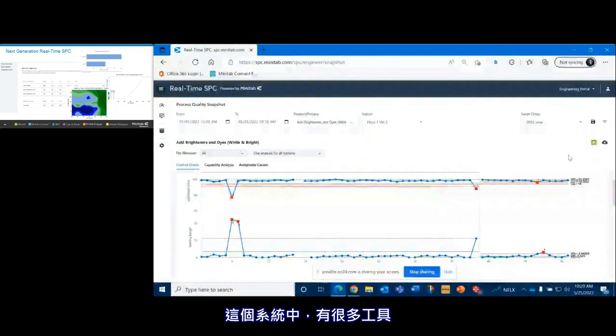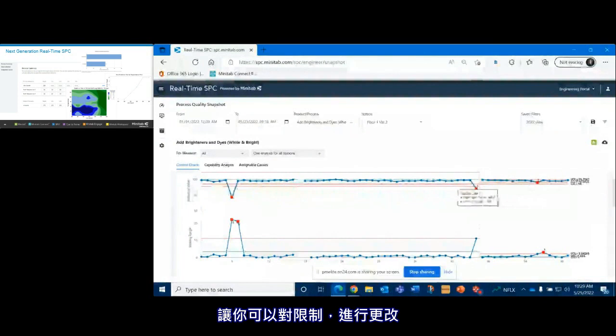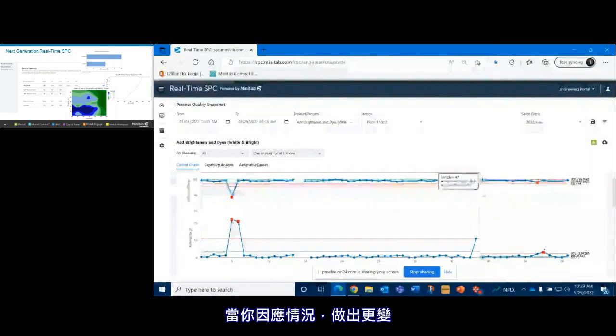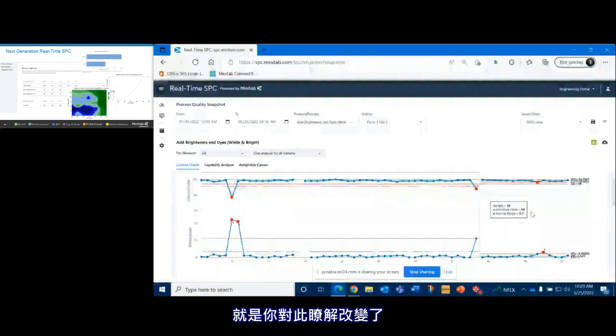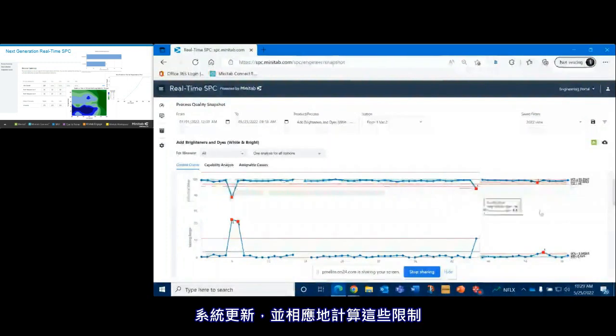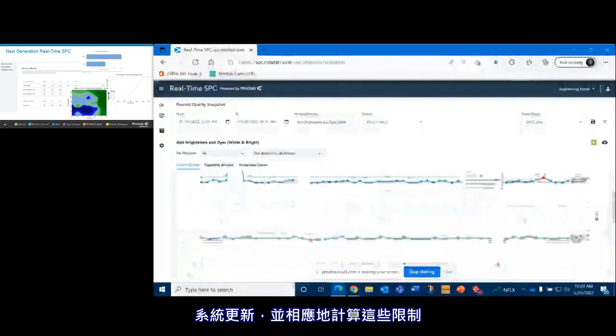There's a lot of tools within this system to accommodate that. When you make changes to limits, because there's been a process change or something has changed, you might recalculate the limits, in which case you want the system to update and calculate those limits accordingly.